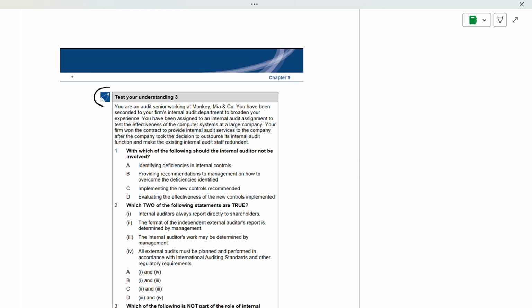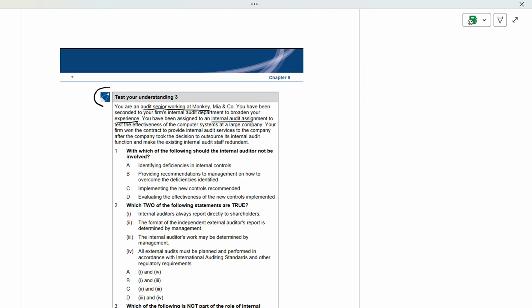Now you are an audit senior working in Monkey, Mia and Company. You have been seconded to your firm's internal audit department to broaden your experience. You have been assigned an internal audit assignment to test the effectiveness of the computer systems of a large company.